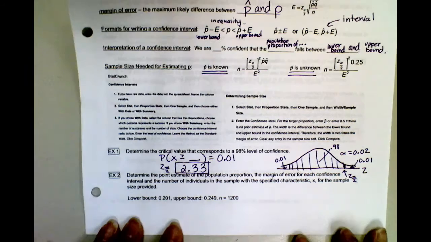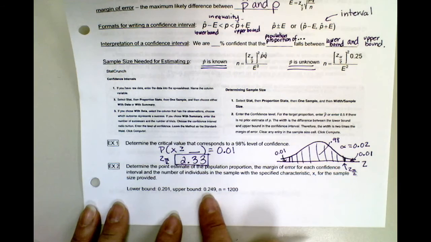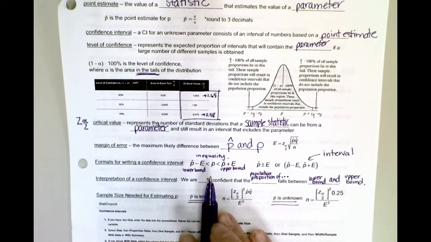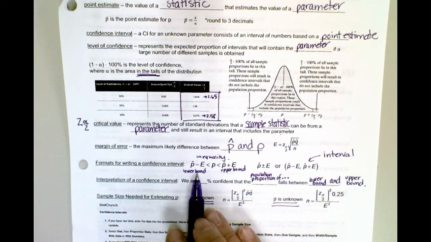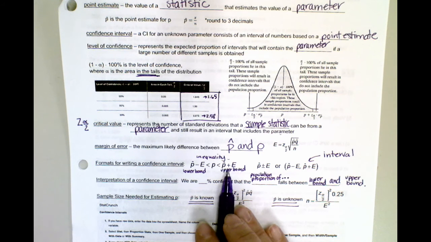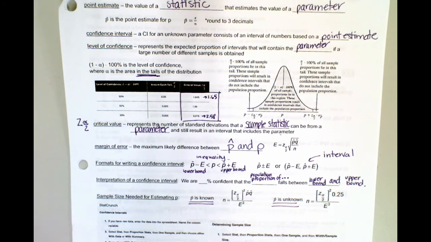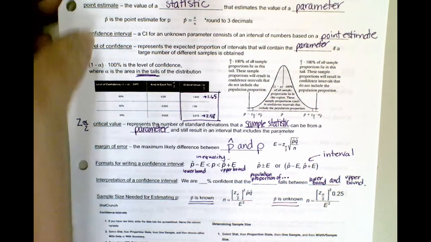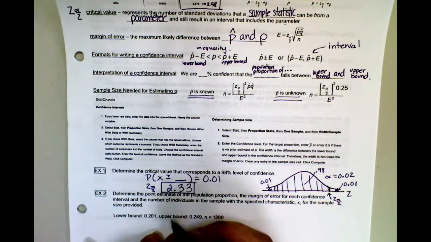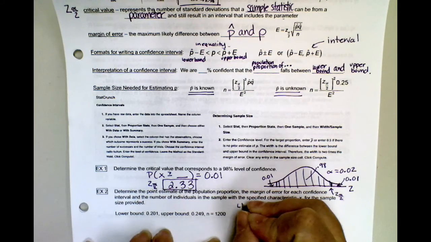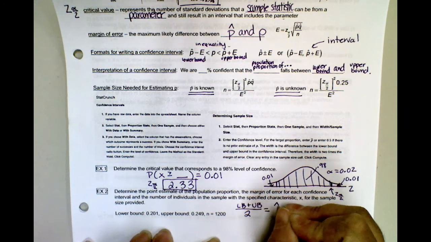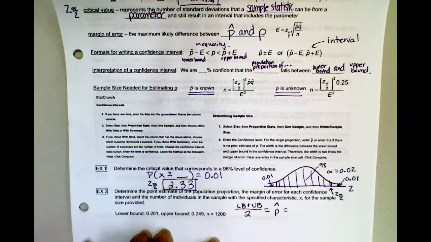I know that my lower bound is p hat minus E and my upper bound is p hat plus E. So my p hat has to be right in the middle of those. If I add my lower bound plus my upper bound and divide by 2, that has to equal my p hat.